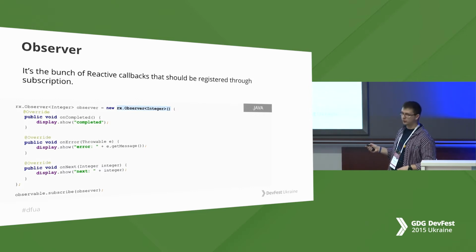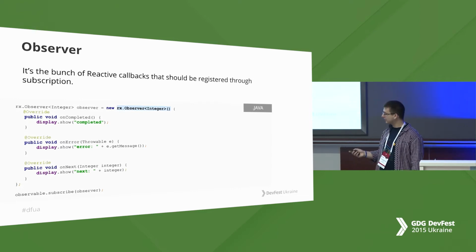Make a note, this is observer, this listener. So the framework helps us not to write a lot of try-catch code. I will not write it here. It gives us a callback, and RxJava makes it all for us. And on next, you already know, it's just a listener for our data.